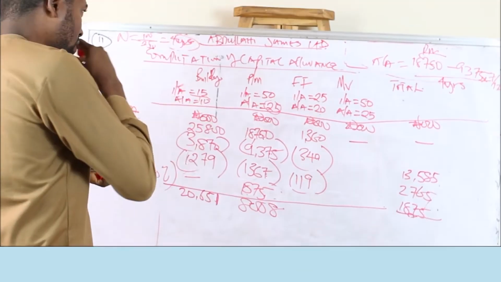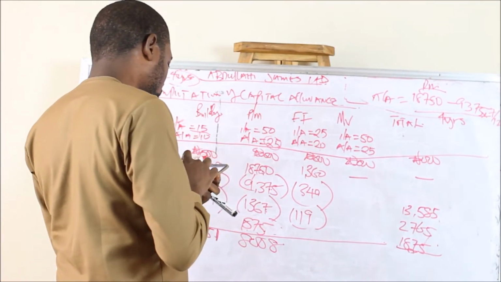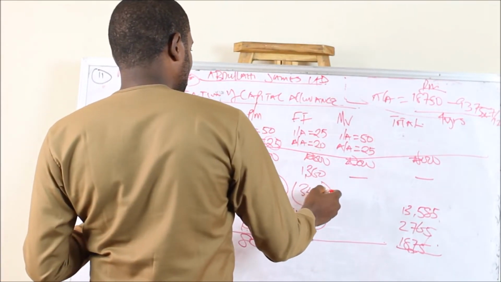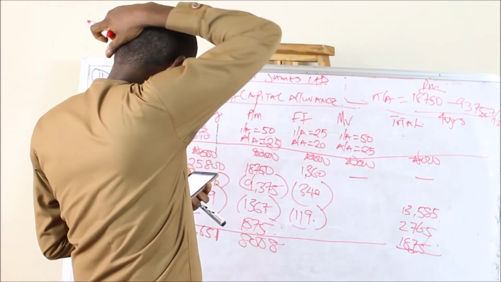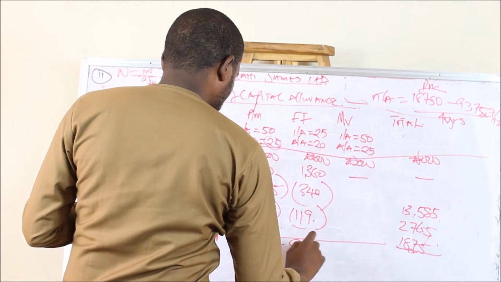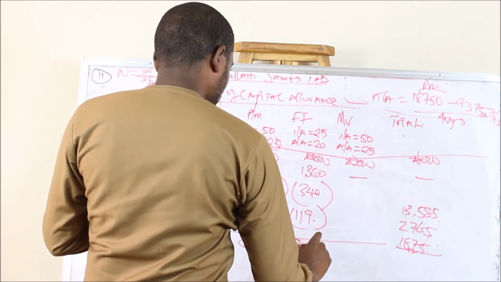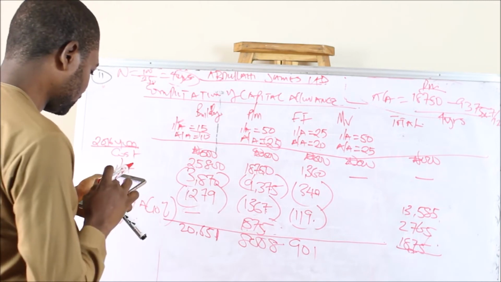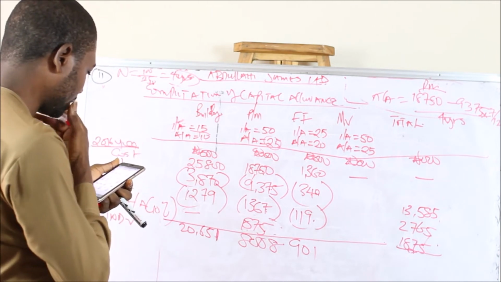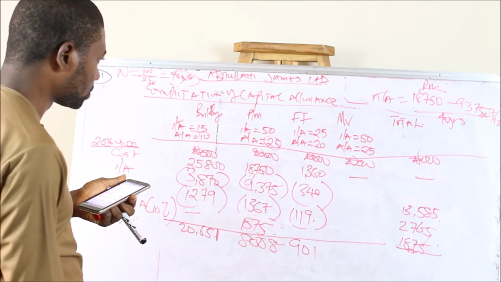Then for the fittings and furniture, you add this and this, then minus from here, and it's going to give you 901. So that is how to determine the tax written down value.